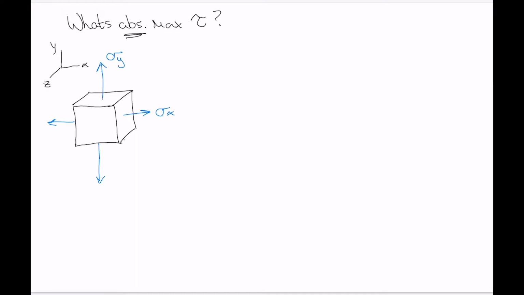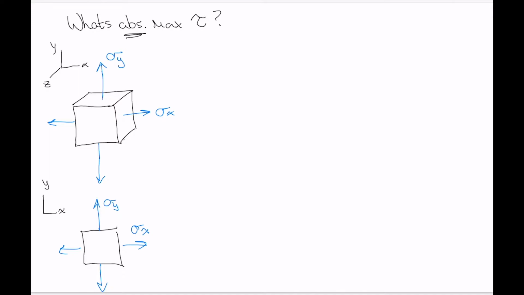If I asked you to plot Mohr's circle for this element and tell me what the maximum shear stress was, you'd do the following. You'd draw the in-plane version of this element that would be in the XY plane here, with your stress sigma Y here and your stress sigma X there.